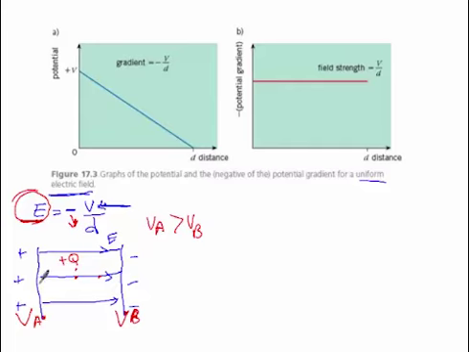So it means that moving from positive to negative decreases the potential. This means that the direction of E will be towards the direction where the potential is decreasing. That's why this minus sign is here, but in calculations we are not using it.